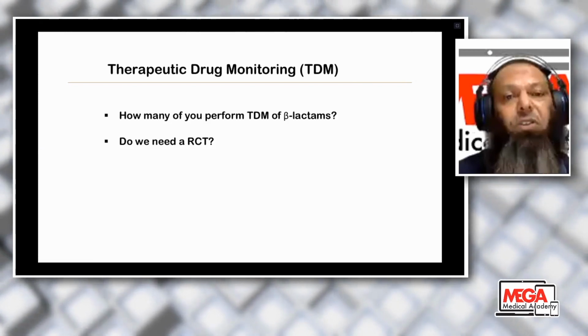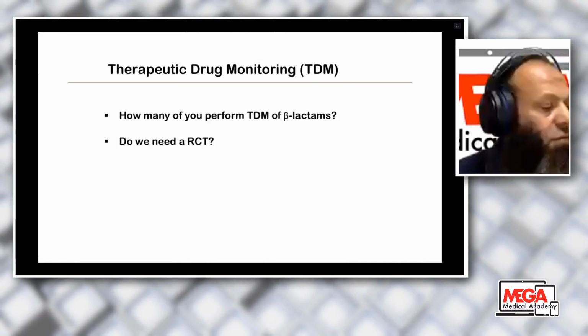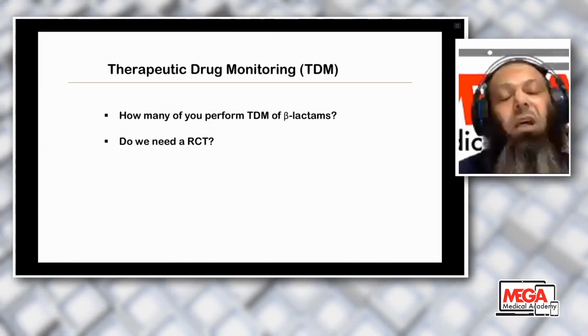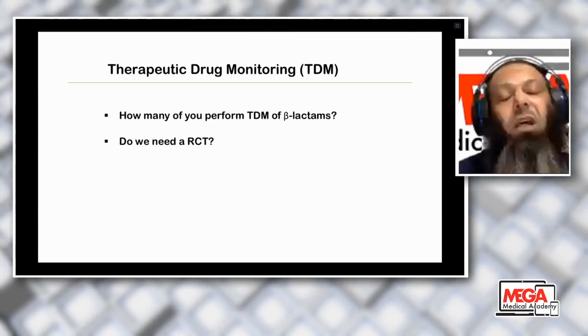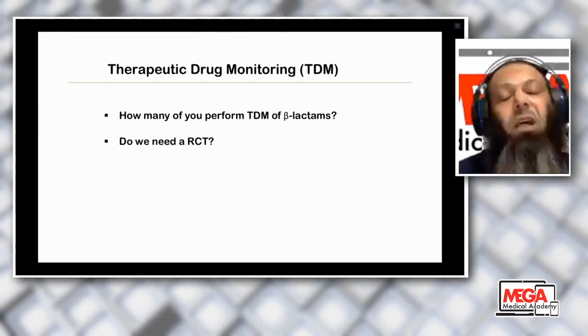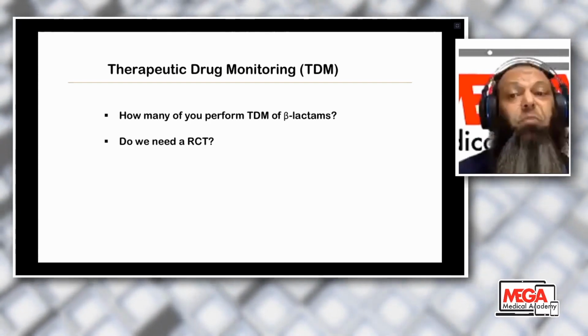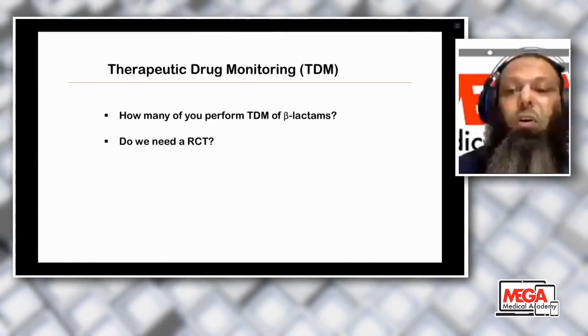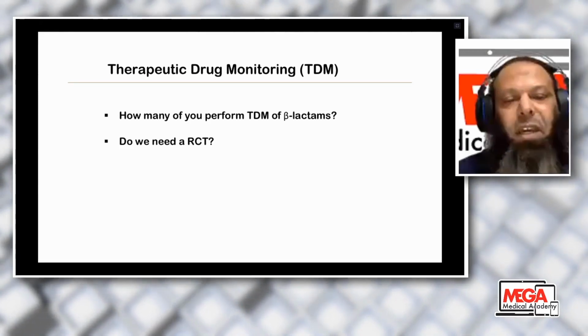What about therapeutic drug monitoring? It is not the core of my lecture tonight, but just to make you think when you go back about TDM. How many of you perform TDM of beta-lactams, which is a very important part of research and of clinical practice? And still, do we need an RCT? I agree.